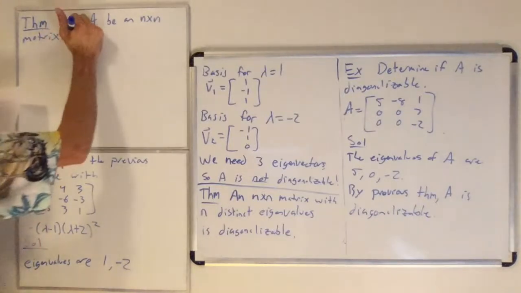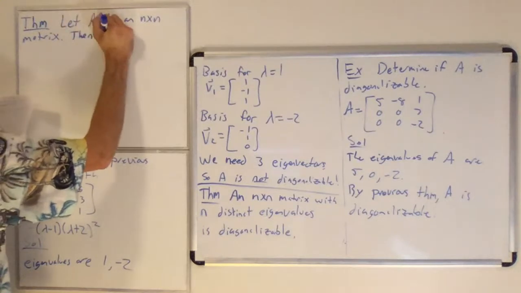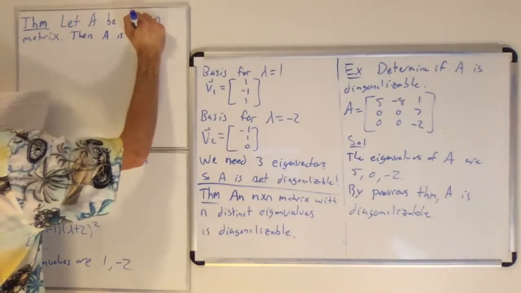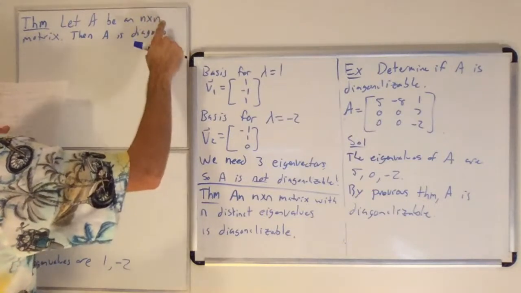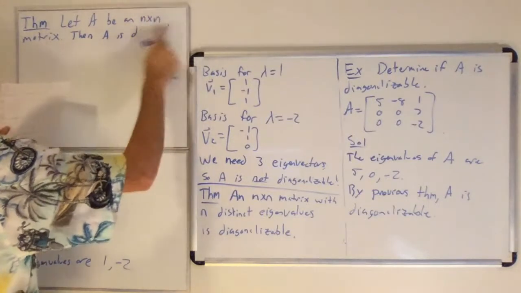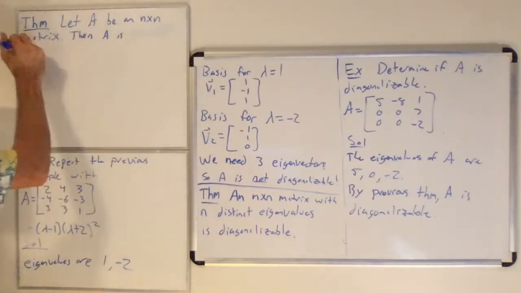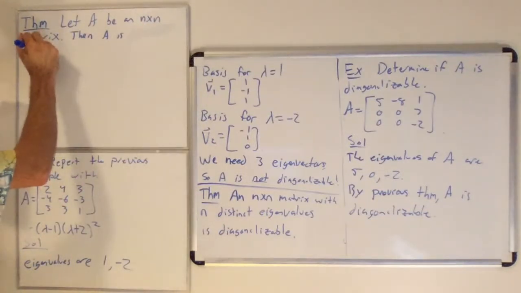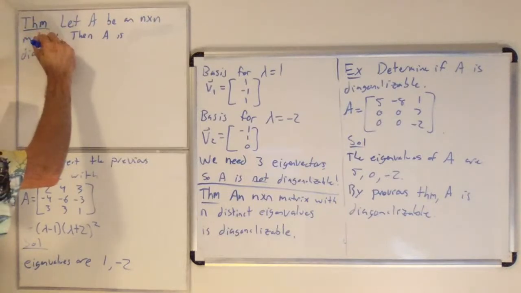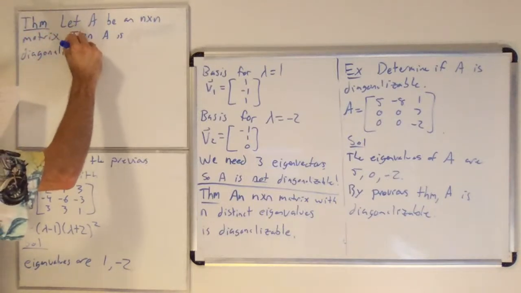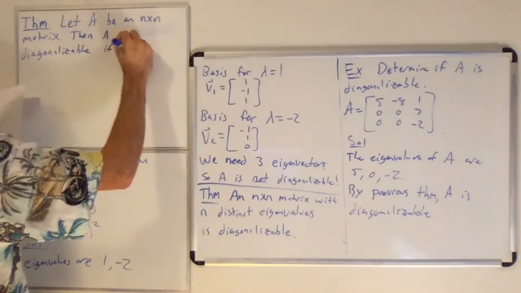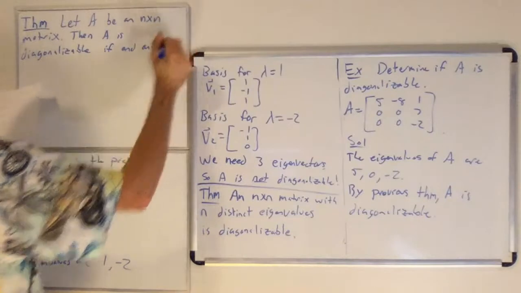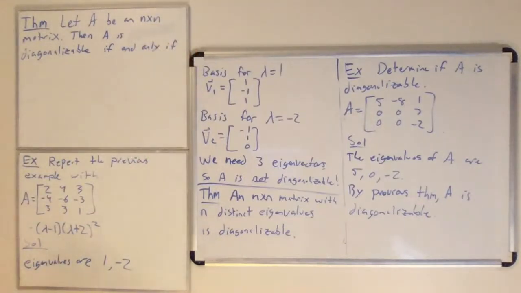The theorem says A is diagonalizable if and only if the sum of the dimensions of its eigenspaces is equal to n.